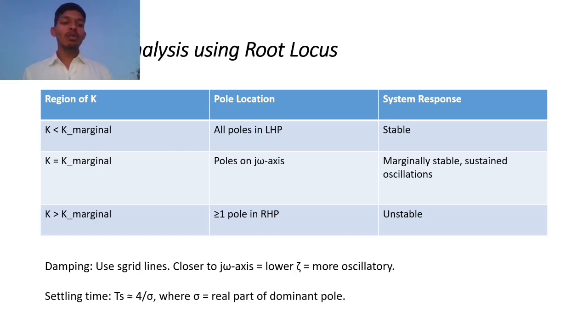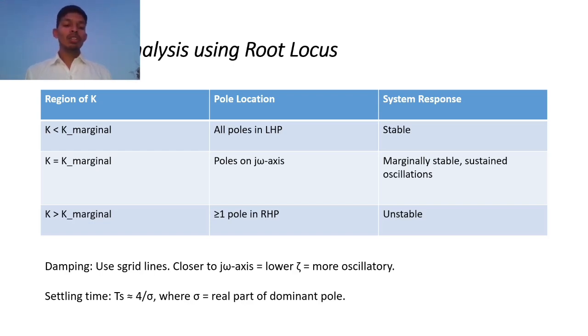If K is equal to K marginal, the poles are on the jw axis and the system is marginally stable, with sustained oscillations. If K is greater than K marginal, the poles are in the right half plane and the system is unstable.